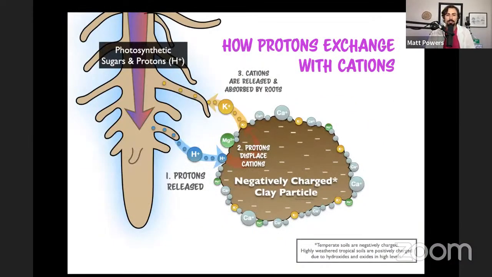So protons are being released by the roots in a flood, and it's displacing the cations on the negatively charged clay and organic matter particles. And this process is what the mineral science people have been using as their backbone.